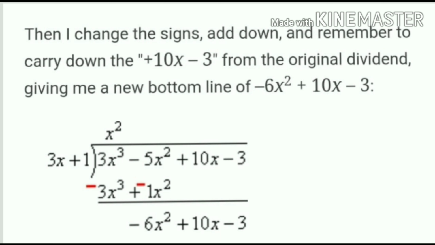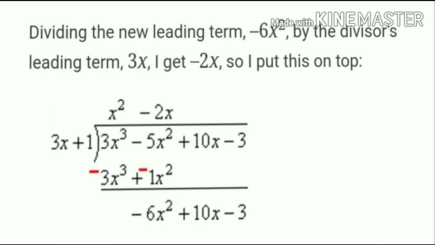Now positive 3x cube and negative 3x cube cancel, and minus 5x square and minus 1x square become minus 6x square. Then we copy the same terms, plus 10x and minus 3. So now we have minus 6x square plus 10x minus 3.